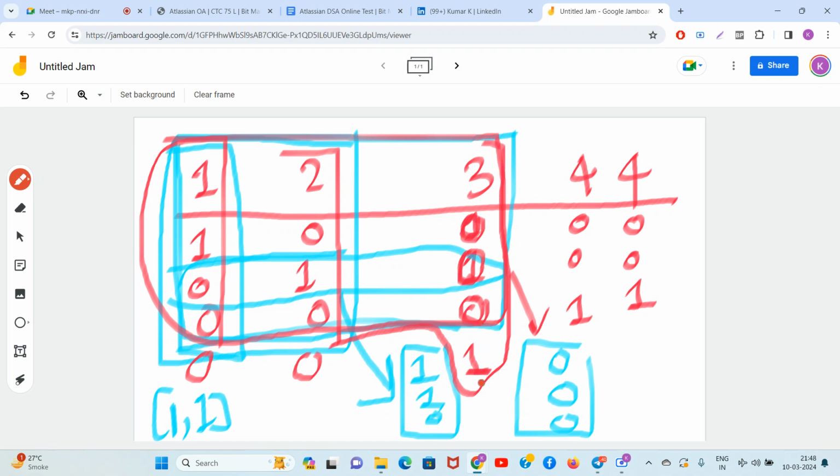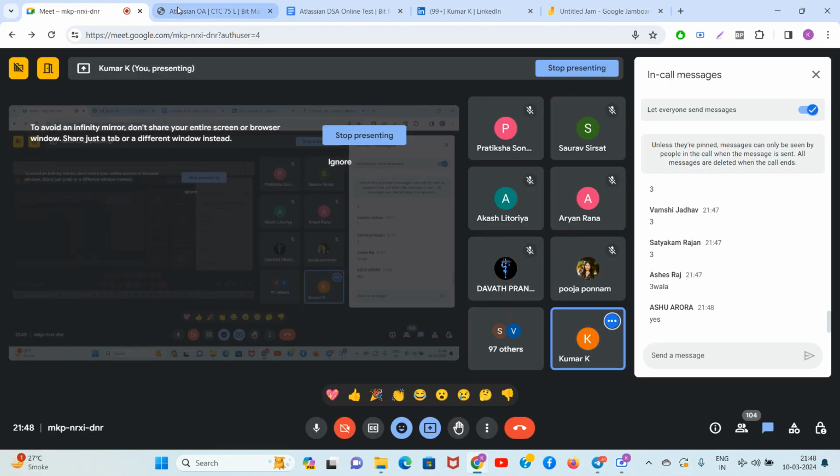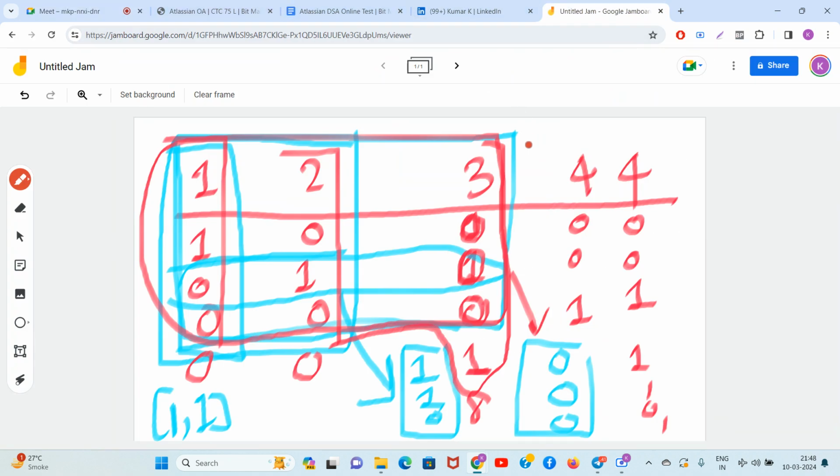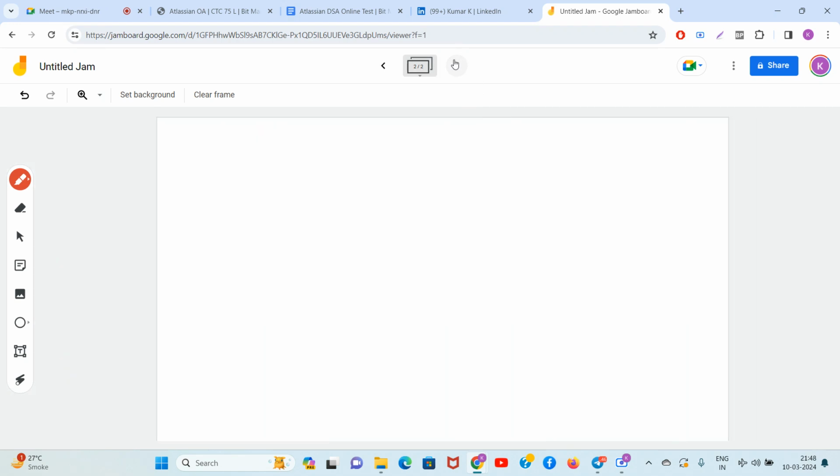If I put an 8 here, at the third index, 0001. Then yes guys, what will be the XOR here? There will also be 1. Second place also 1. Third place 0 and the fourth place 1. Yeah, good. Now guys, I change the third place. At the third place, I'm putting an 8 now, okay?